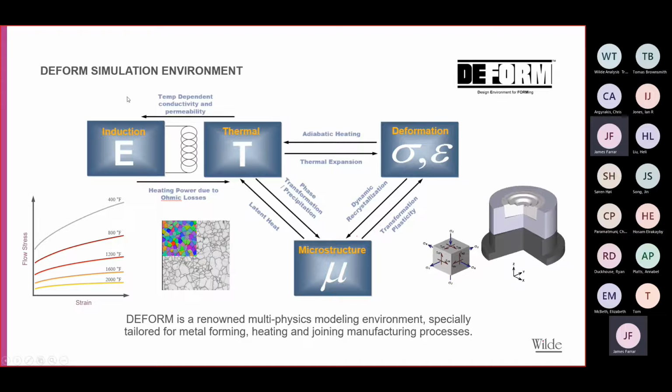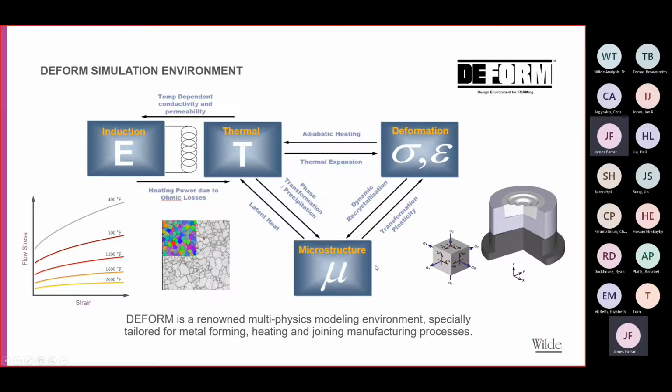In terms of heating the material up, we might do that using another method such as induction heating or resistance heating. So we have a coupled ohm loss calculator for resistance heating, or boundary element codes for induction heating.